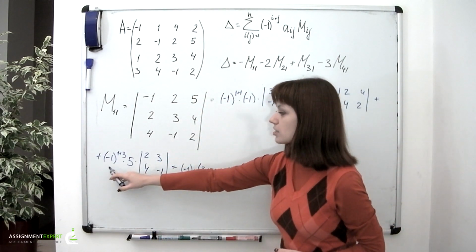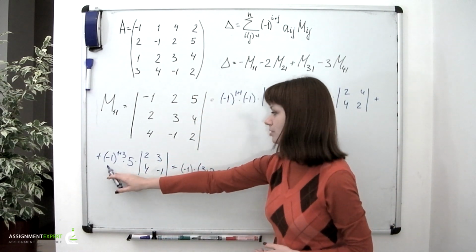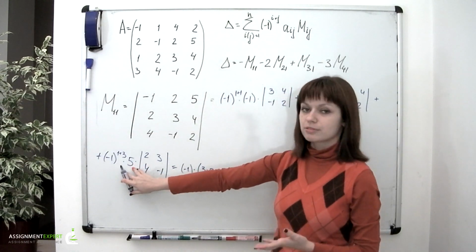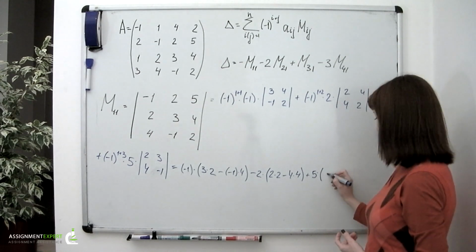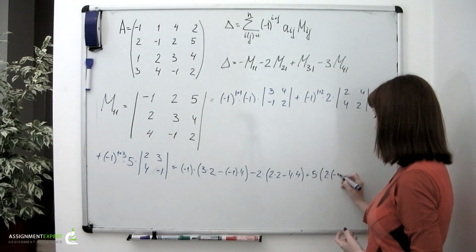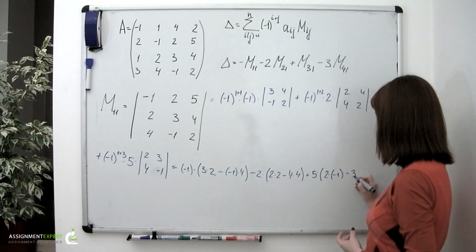And then we have negative 1 to the fourth, which is simply 1, multiplied by 5 is 5. So we add 5, multiplied by 2 times negative 1 minus 3 times 4.